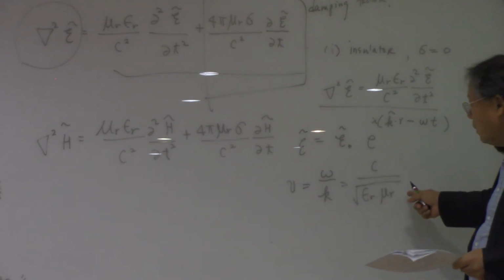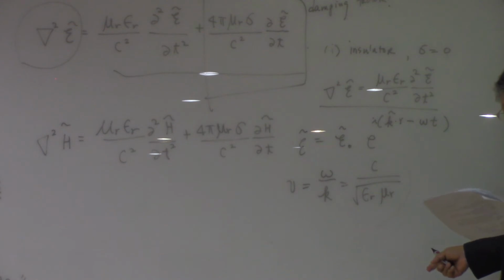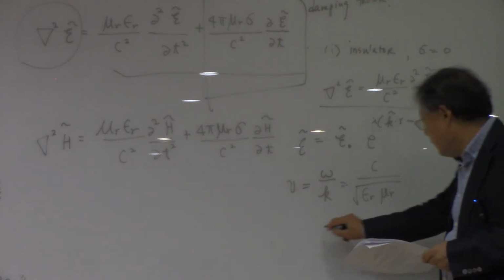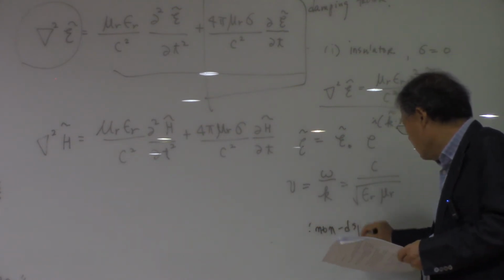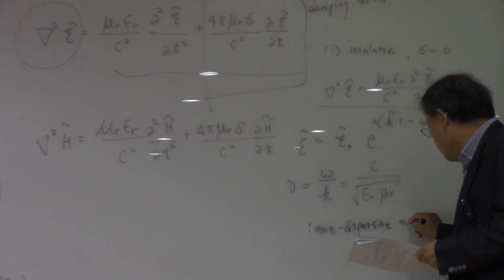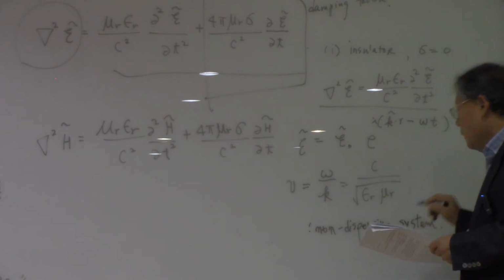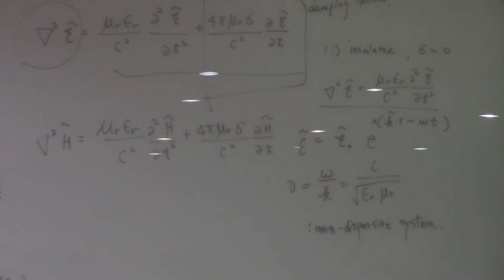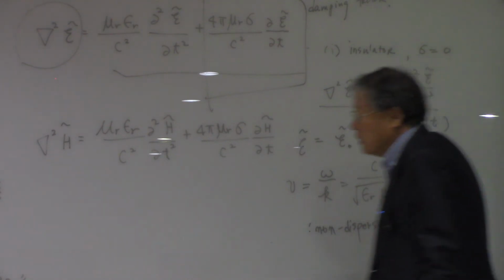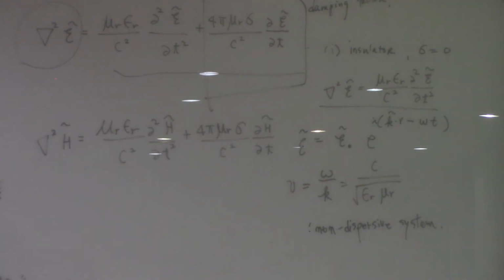So this is a constant value, which means this is a non-dispersive system. So as far as the material is an insulator, so the conductivity is 0, then the light wave in that material is going to be a non-dispersive system.